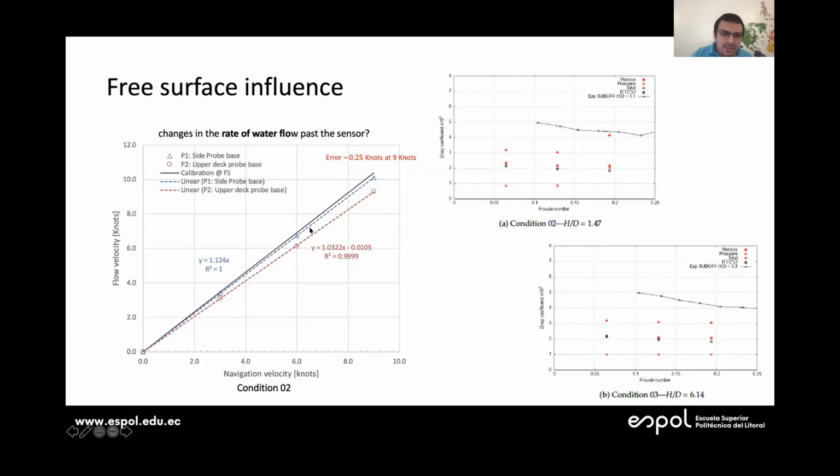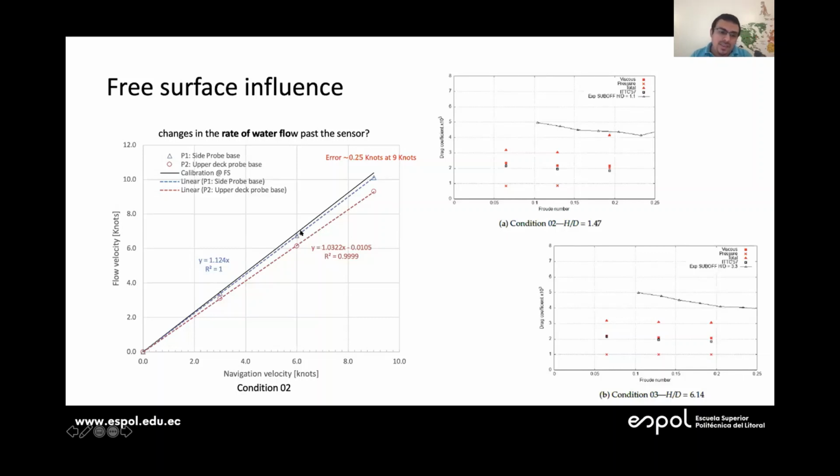And you can notice that the slope of both lines is different. That is showing us that both sensors are in different regions of velocity. The upper side probe is basically measuring the actual navigation velocity, but the one on the side sees around 15% higher flow velocity.